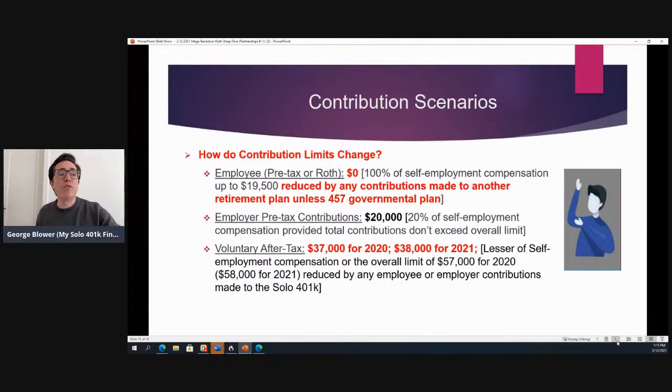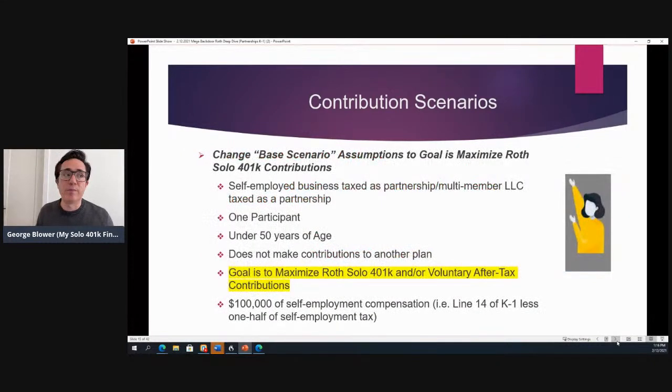And then they could do the difference up to $57,000. So that'd be $37,000 for 2020 as an after-tax contribution, or $38,000 for 2021, since the limit went up to $58,000 for 2021. Put it into that voluntary after-tax sub-account and then move it over to the Roth.